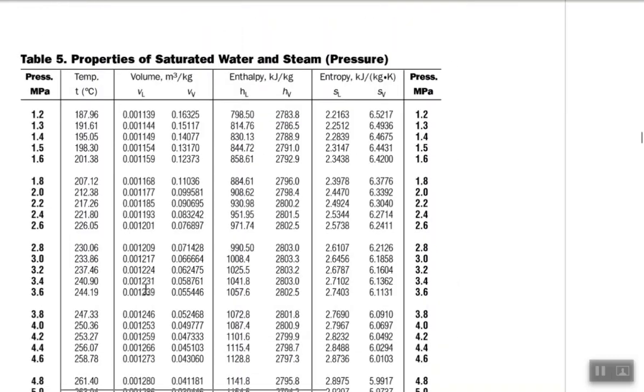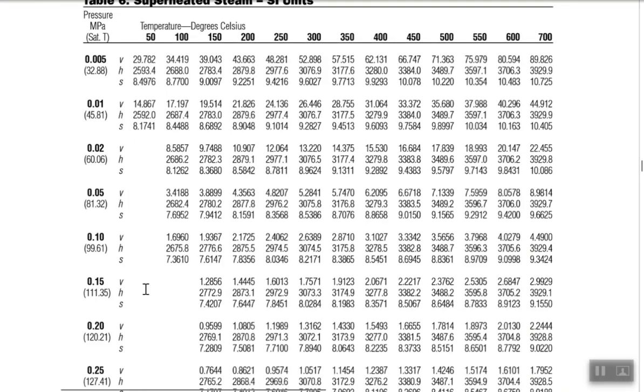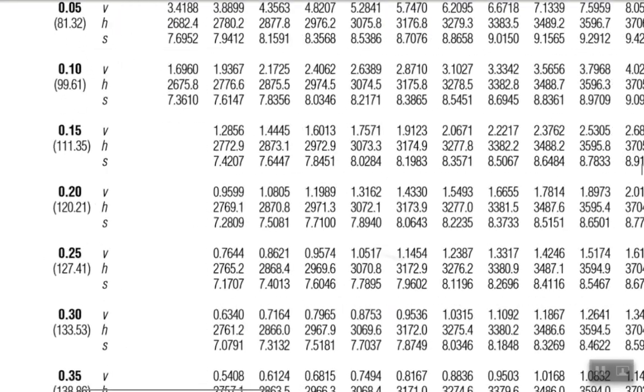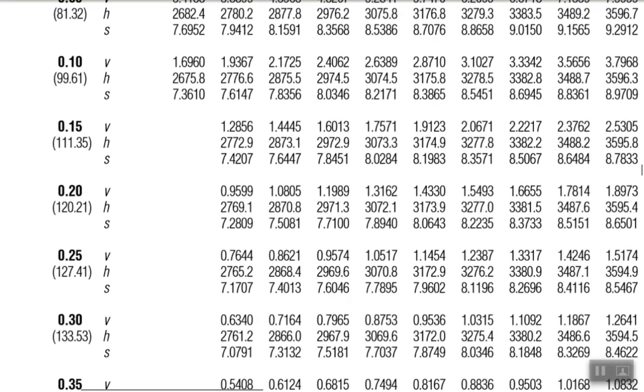So let's check the superheated table. Let's move downward to the pressure of 200 kilopascal, which is also equal to 0.2 megapascal. In the bracket, it is 120.21, which is the saturation temperature.